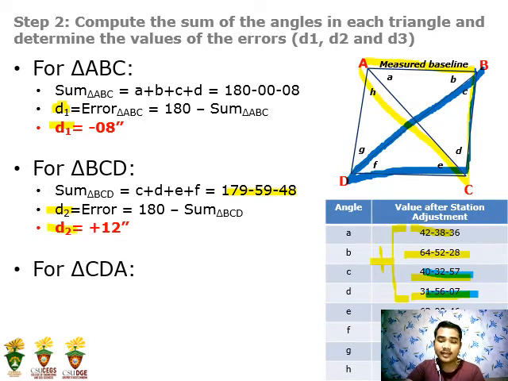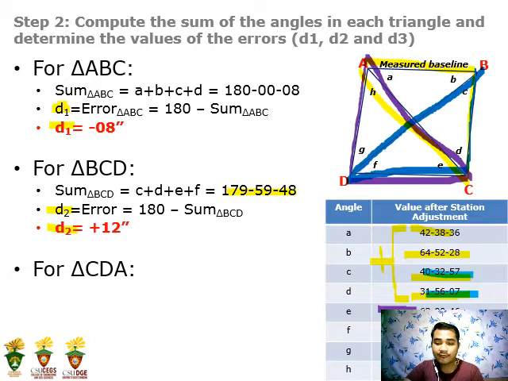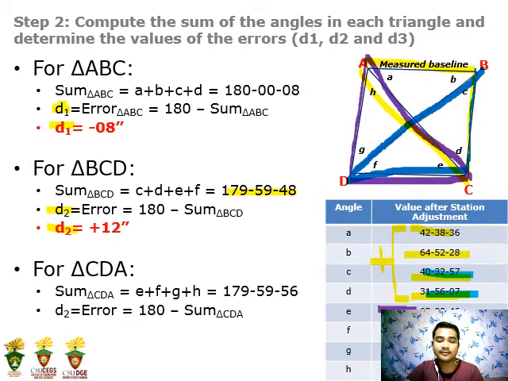For triangle CDA, the interior angles of this triangle are E, F, G, H. Their sum is 179 degrees, 59 minutes, 56 seconds.